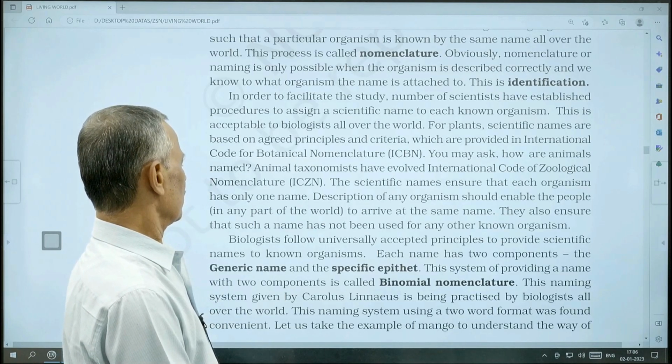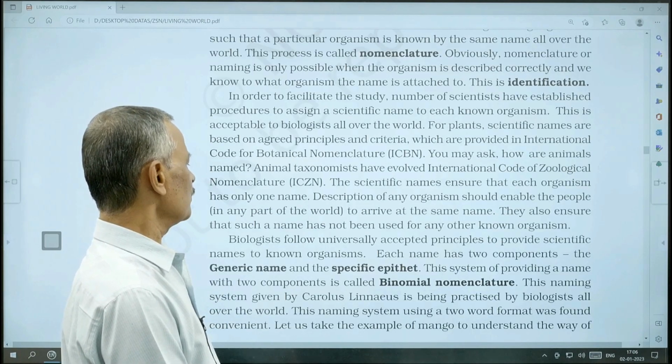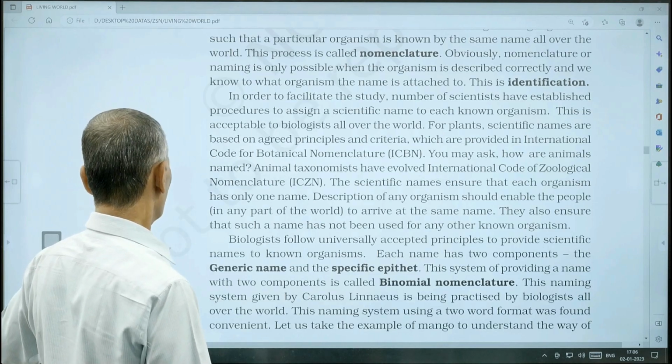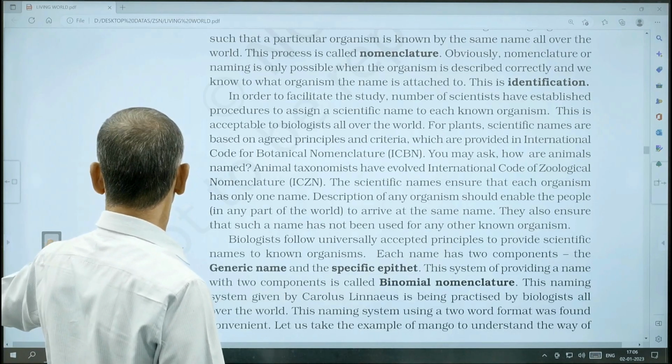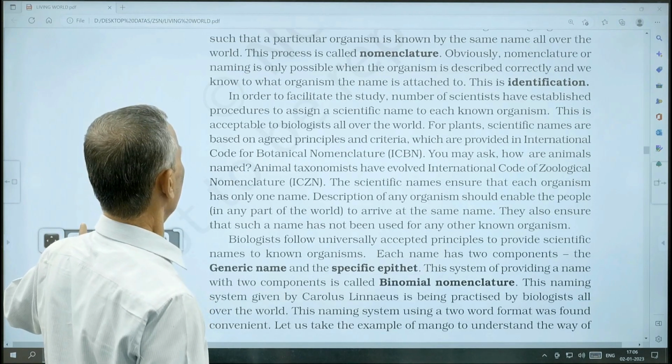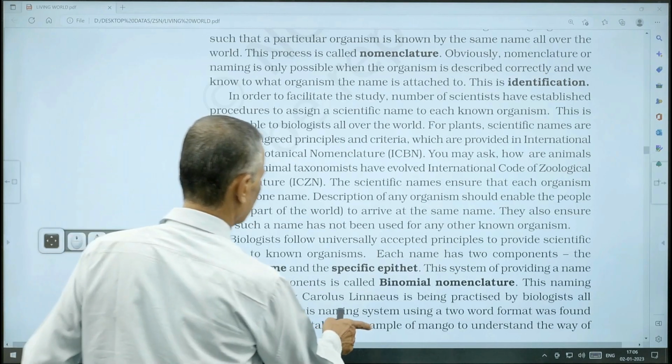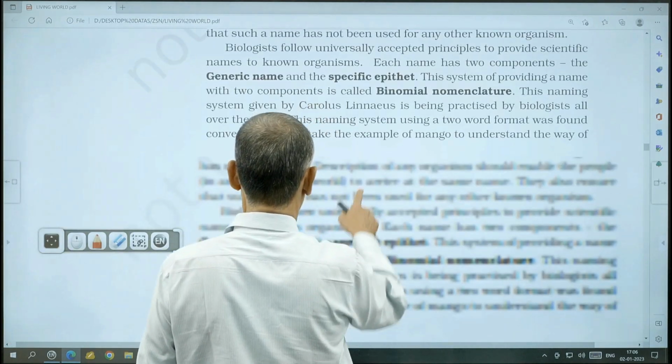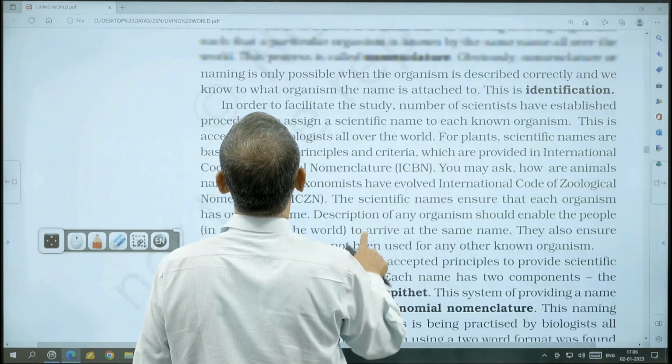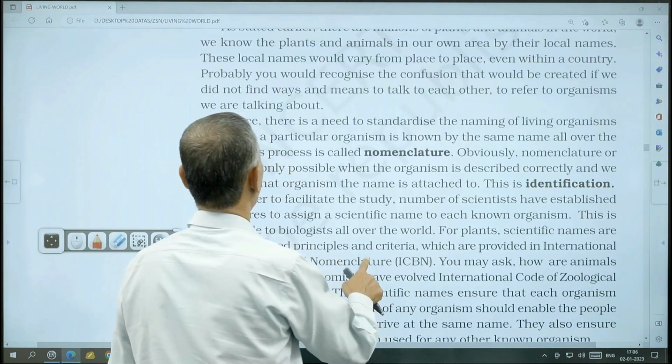This naming system has two words. As I told you, one is the generic name and second one is the specific epithet.